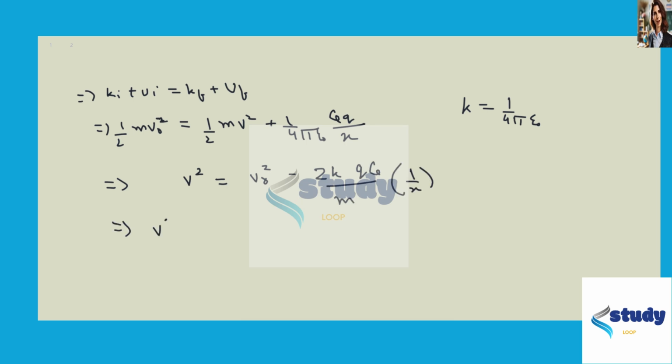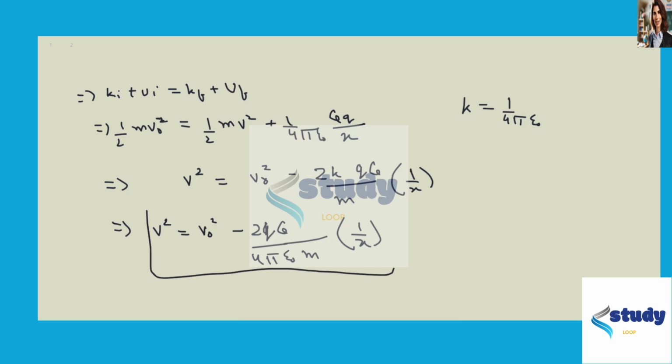So v squared equals v naught squared minus 2Qq over 4 pi epsilon naught m times 1 by x. All right, now compare this equation with this equation.